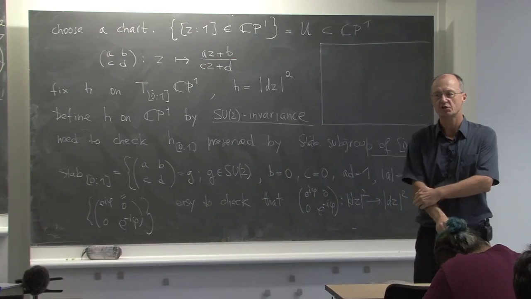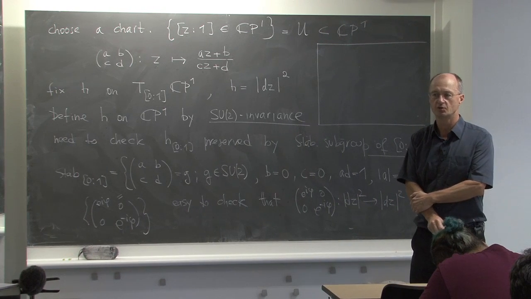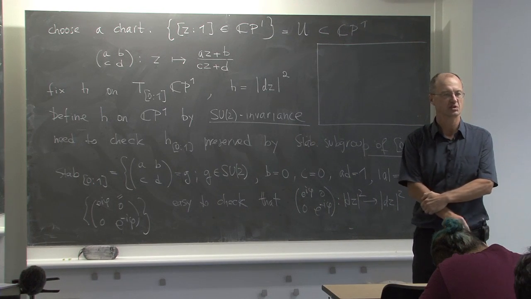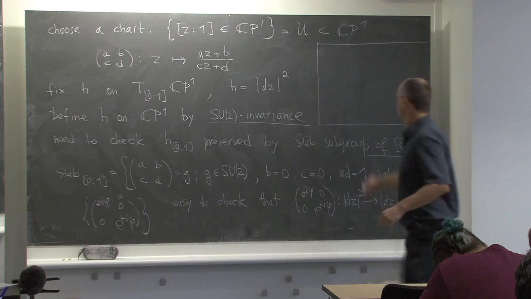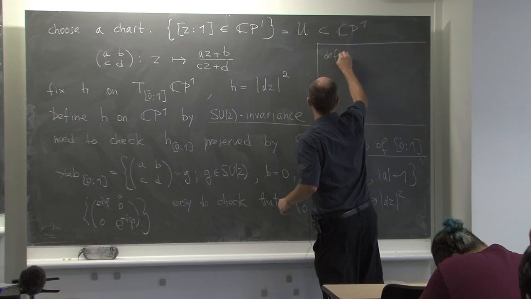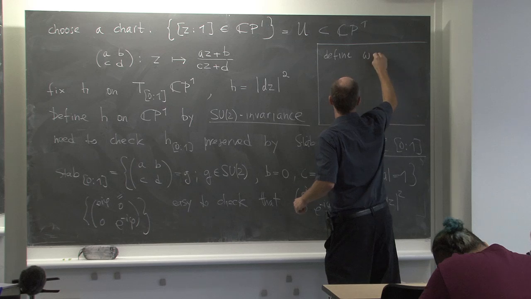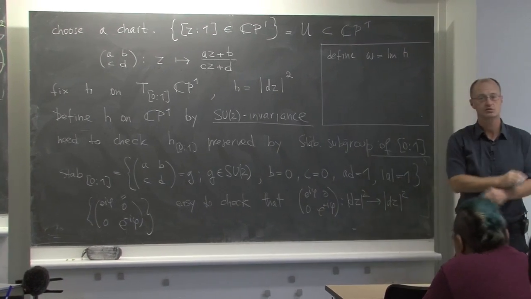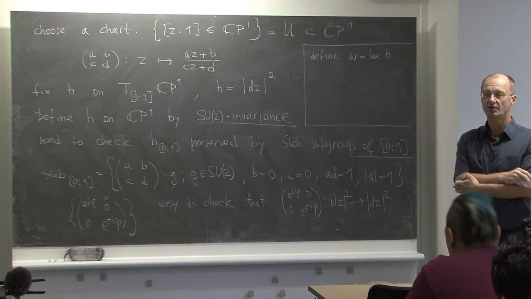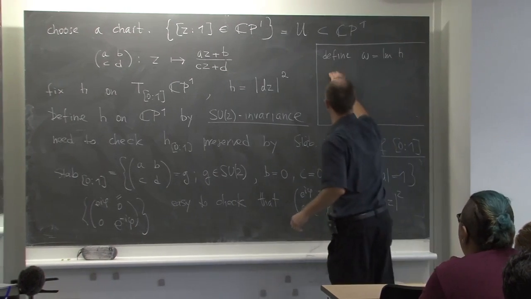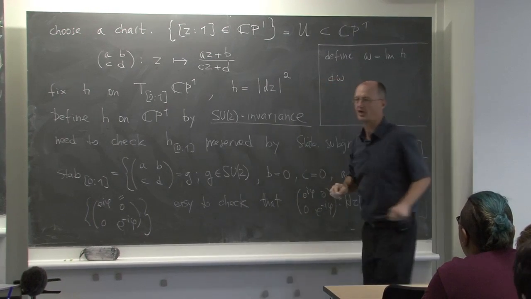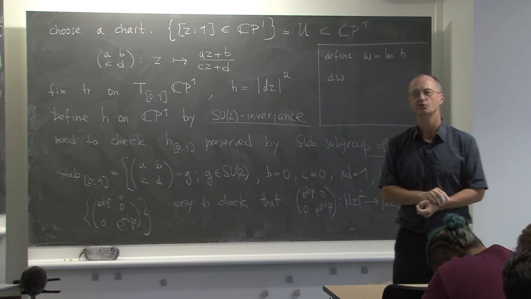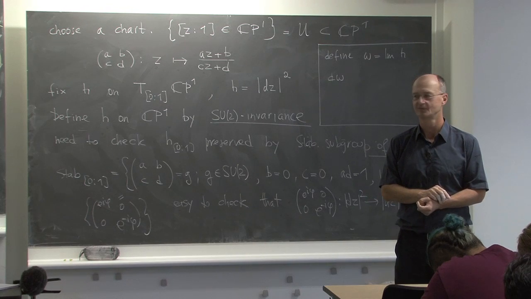Now the question is whether it's going to be a Kahler manifold with this Hermitian structure. So let's define omega as the imaginary part of H, as we did before. And now the question is, what is d omega?